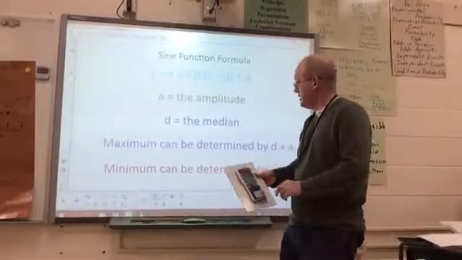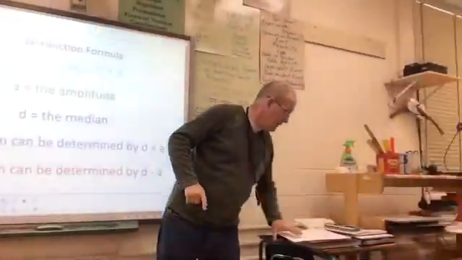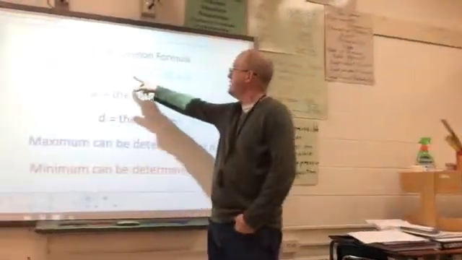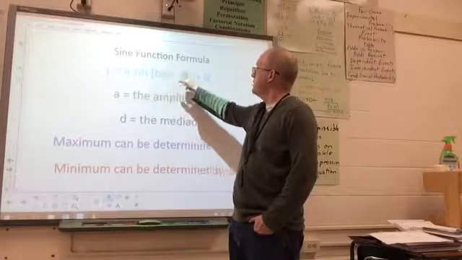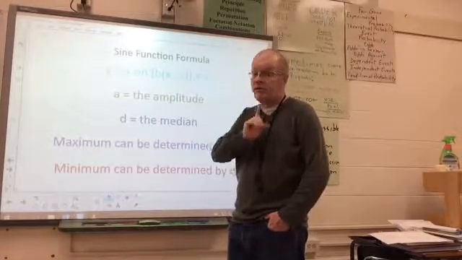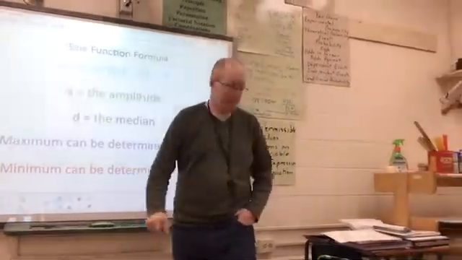So, this leads to our sine function right on the formula sheet. You don't even have to memorize this. Y equals a sine square bracket b bracket x minus c close bracket plus d. What you do have to know is what each of these mean. A is the amplitude.